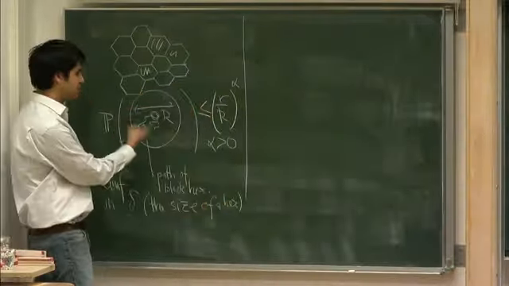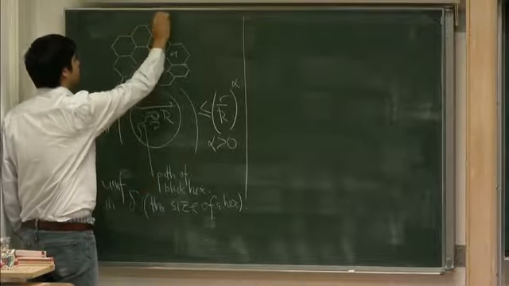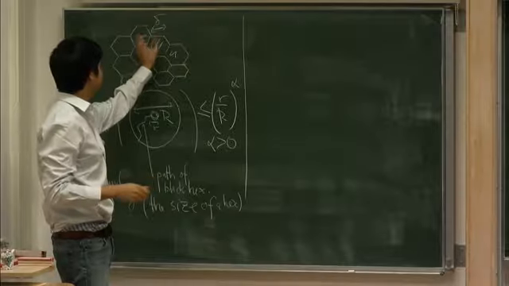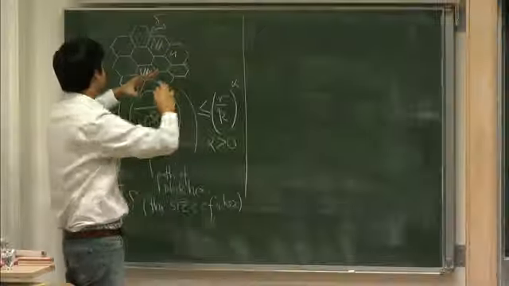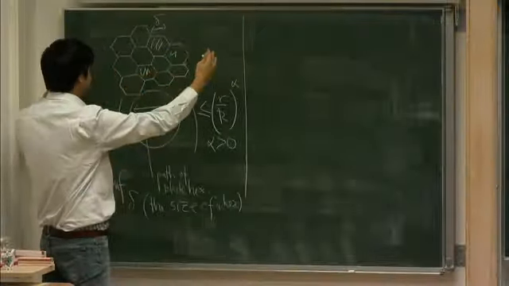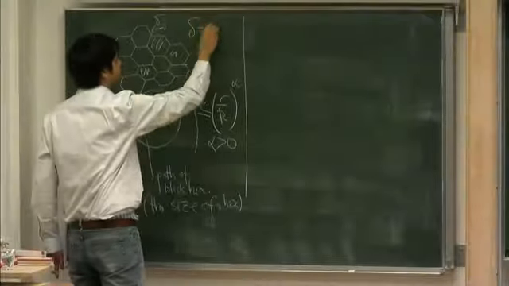I state this because it's going to be useful and also because it reminds you what the notation is. So we have hexagons of size delta, and instead of looking at large scale by making a domain go to infinity, we are going to fix the domain and make the delta go to 0.